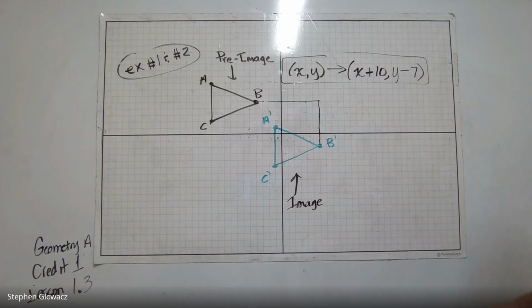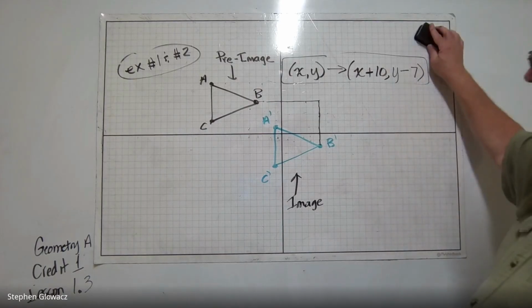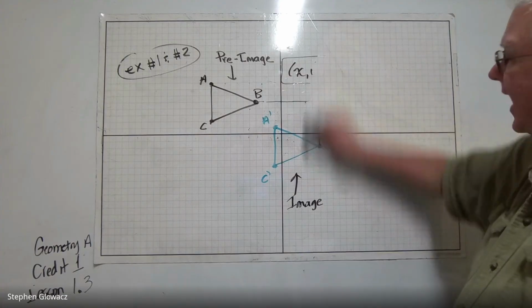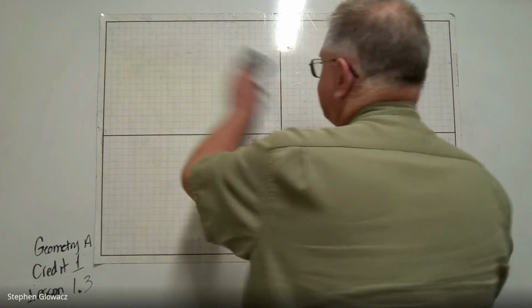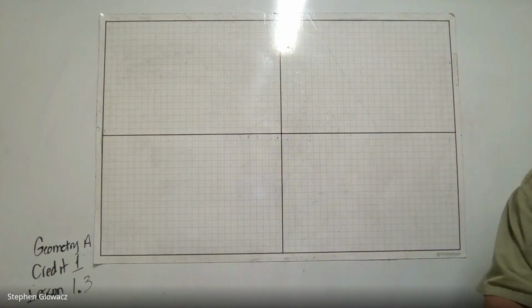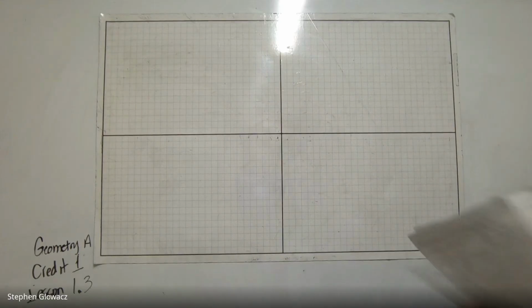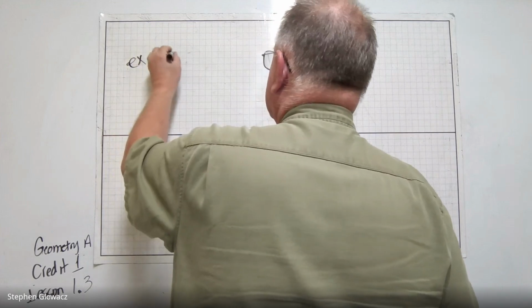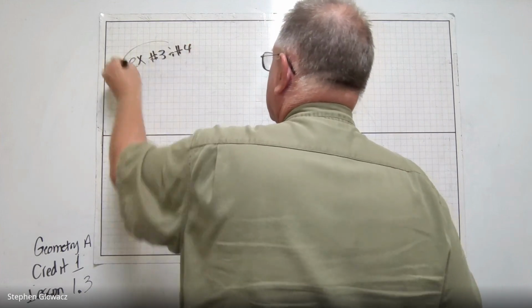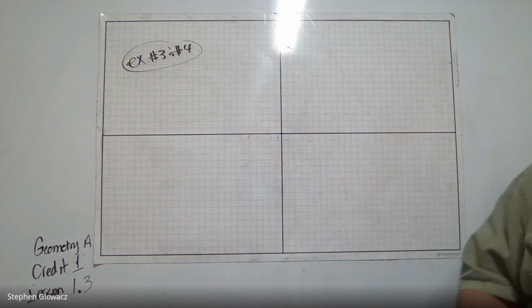All right, so that's your examples for problems 1 and 2. Now let's take a look at an example for problems 3 and 4. Let's go ahead and draw that up. On 1 and 2, what we did was determine the rule.